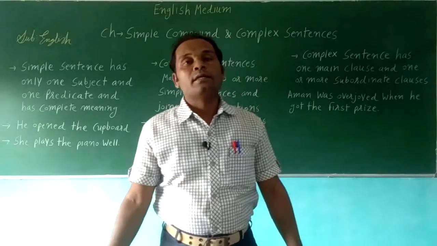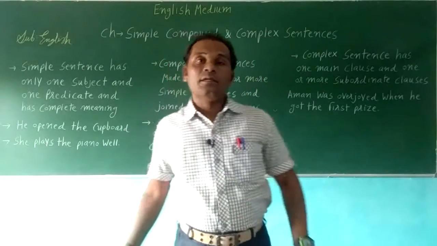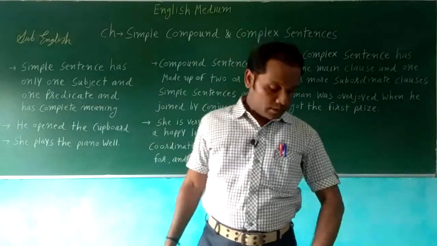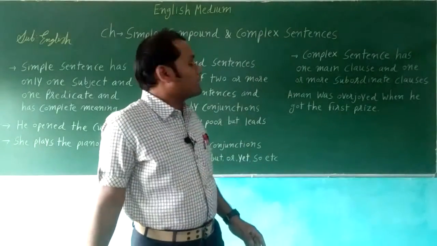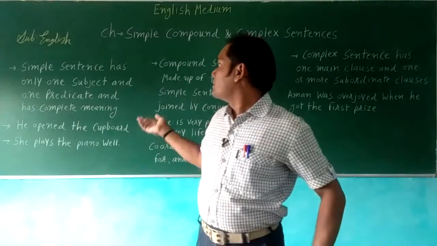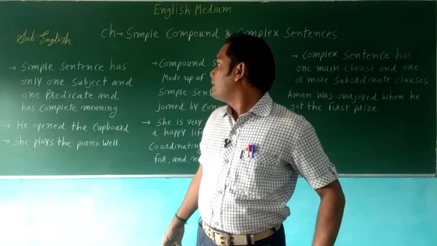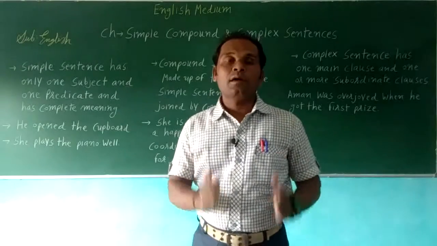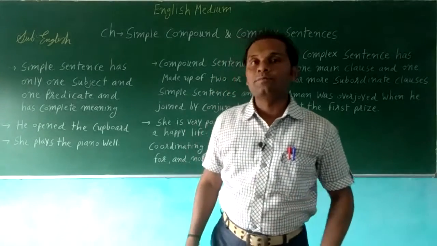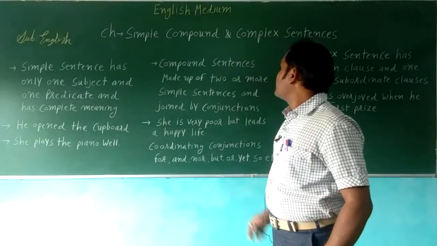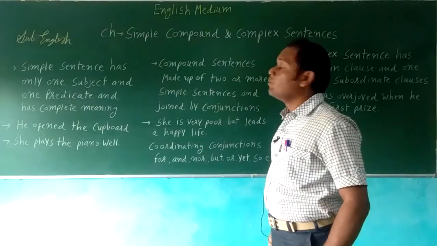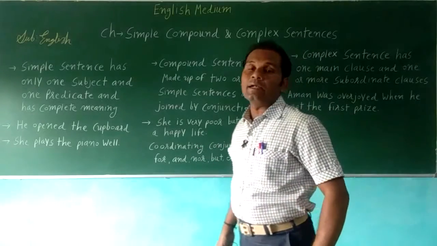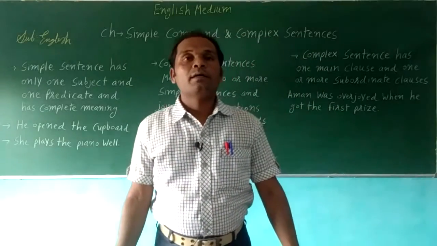So these are examples of the sentences. There are three categories: simple sentence, compound sentence, and complex sentence. A simple sentence has one subject and one predicate and makes complete sense. A compound sentence is made up of two or more simple sentences joined by conjunction.